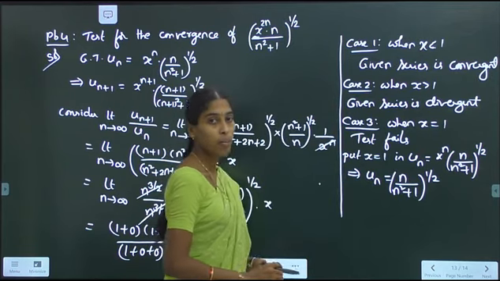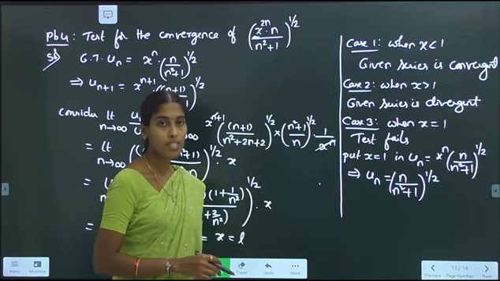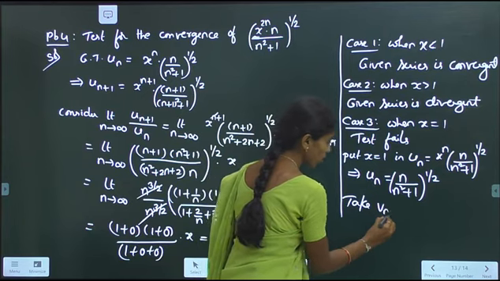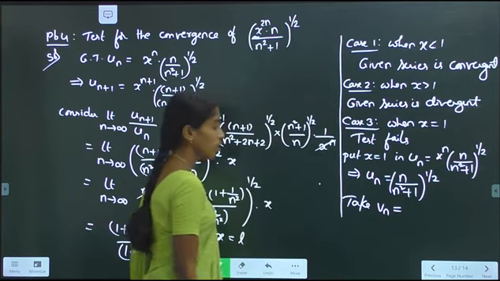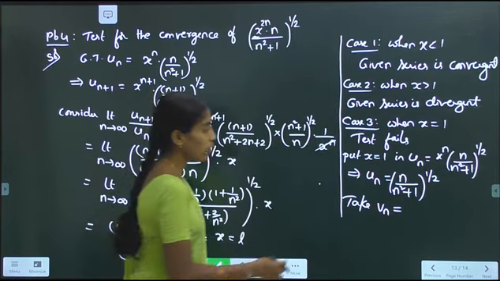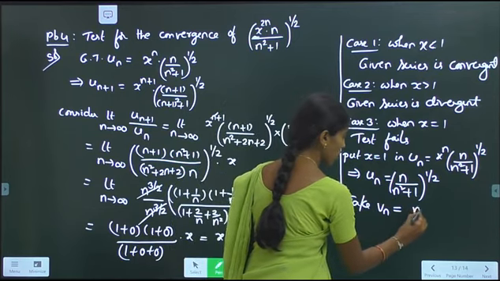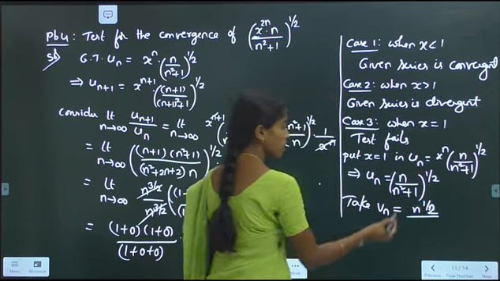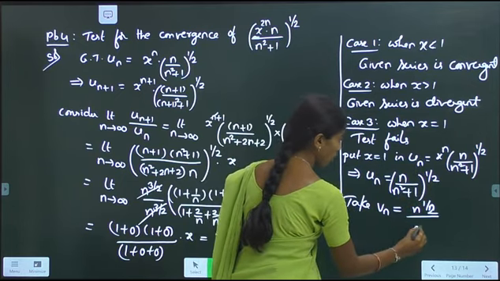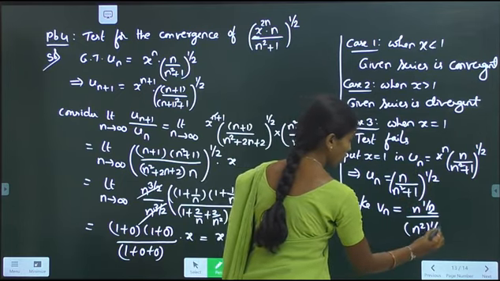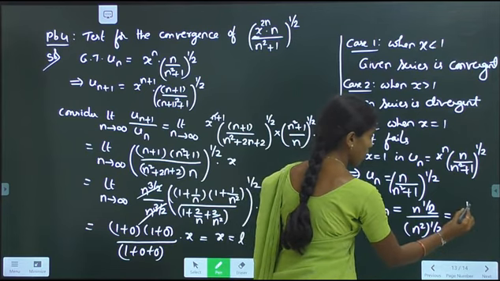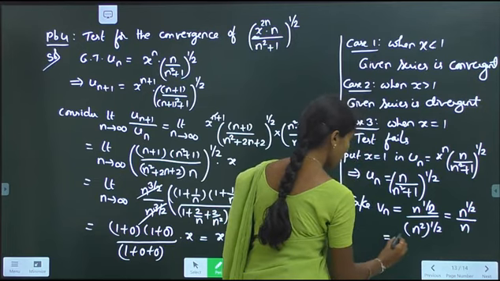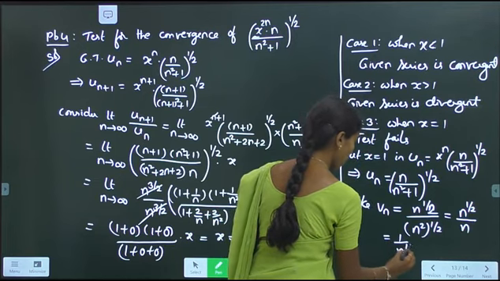To apply the limit form of comparison test, we have to consider Vn. What is a suitable choice to take Vn? The maximum power of n involved in the numerator, which is n power half, by the maximum power of n obtained in the denominator, n square whole power half, which is n power half by n. After cancelling it, we will get 1 by n power half.